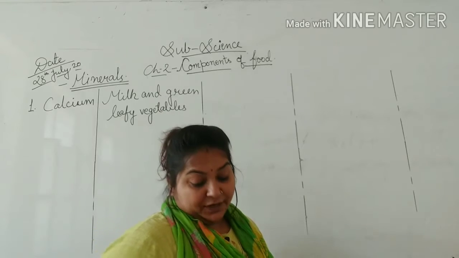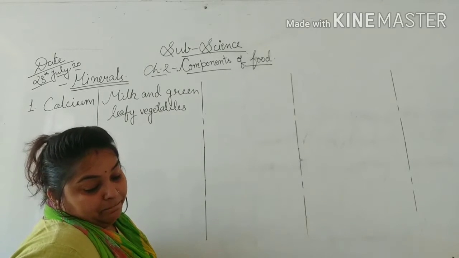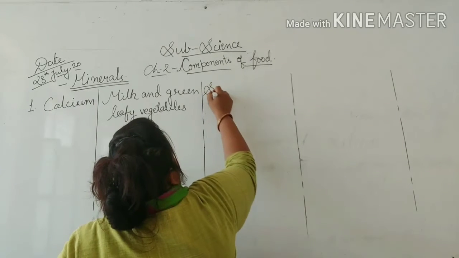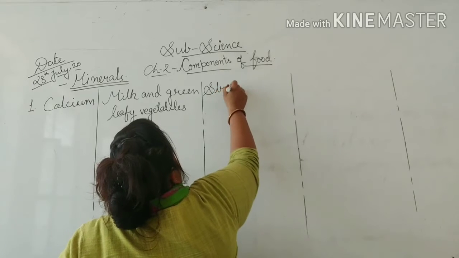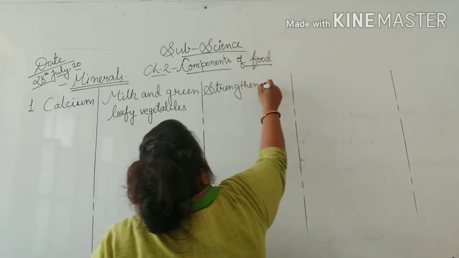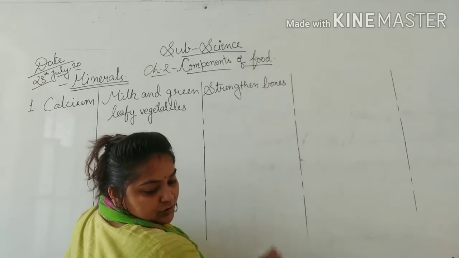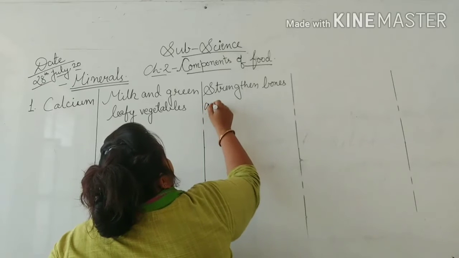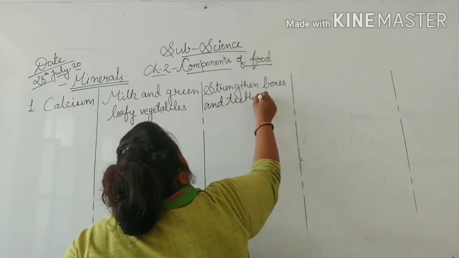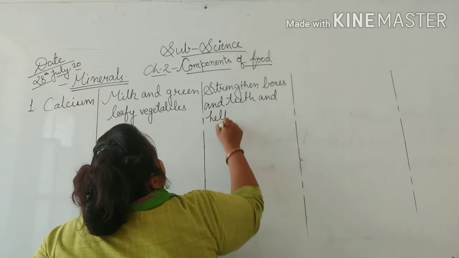The main function of calcium is to strengthen bones and teeth, and it helps in clotting of blood.